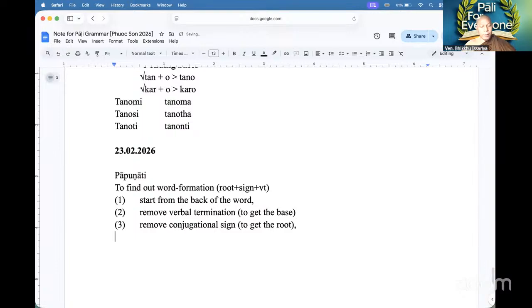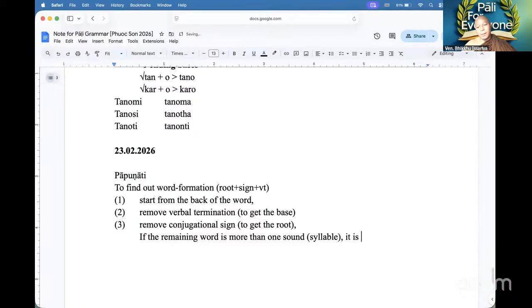If the remaining word is more than one sound or syllable, then one more step we need to consider.